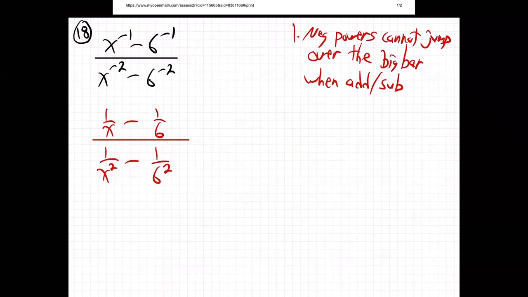Okay, so now what do we do? Well, that means now we have fractions over fractions, don't we? Complex fractions. We don't like that. We want to simplify that. We don't like it, it's big and ugly. It comes up all the time in higher math and science and engineering and stuff. So what do you do? Well, so again, when there's adding, subtracting, it's like I'm always saying, when there's adding, subtracting, we cannot cancel.